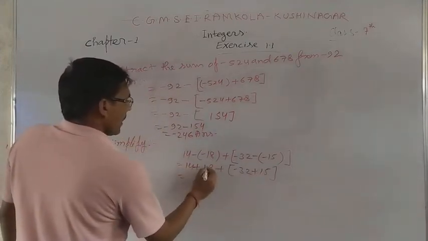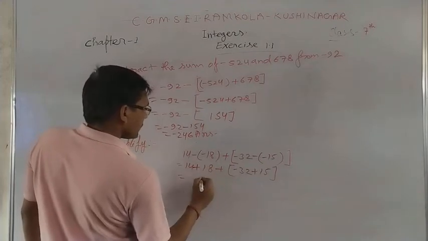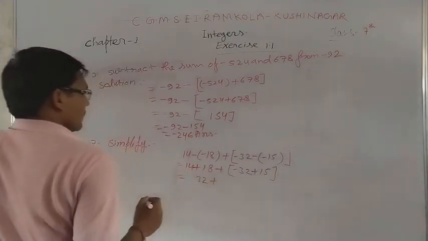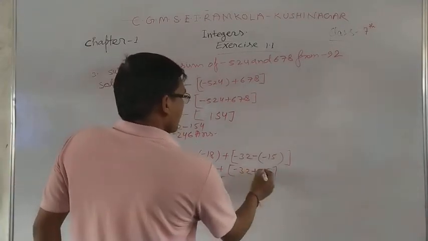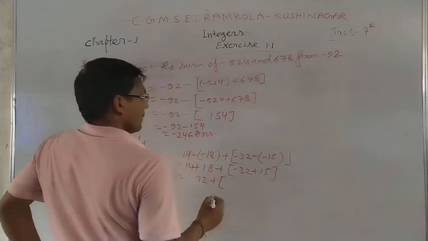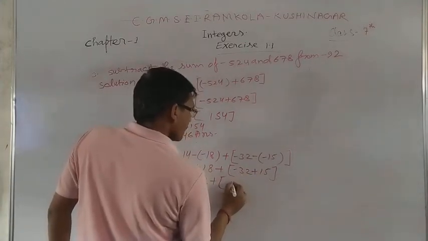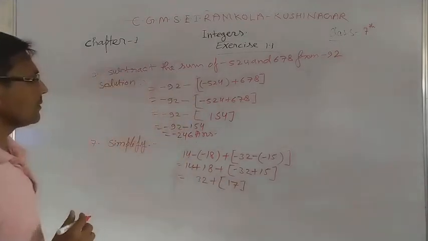Then 14 plus 18 is 32 plus, and here 32 minus 15 will be 17.